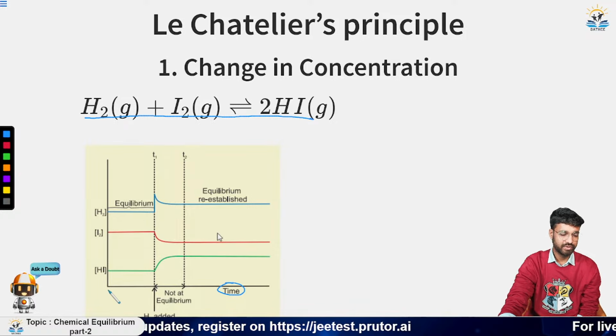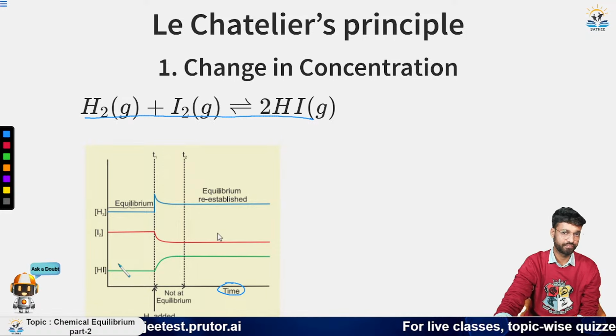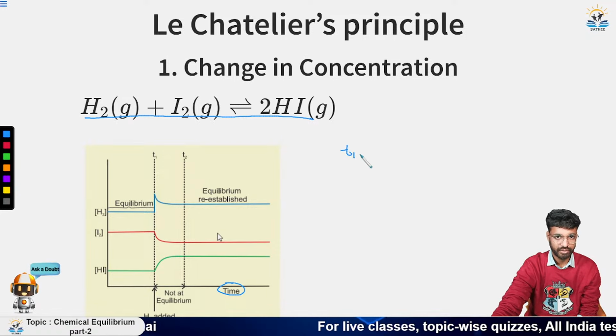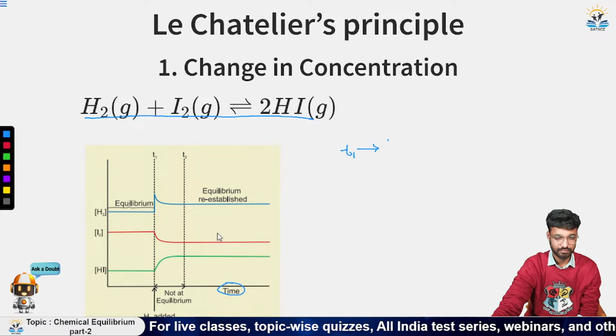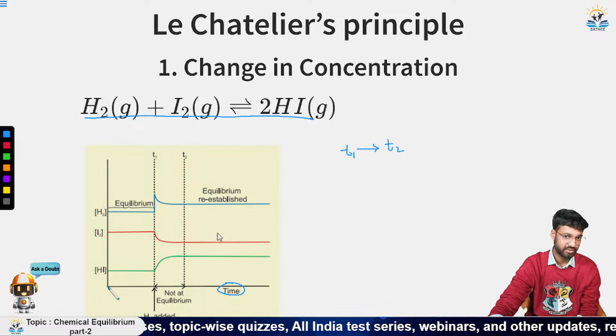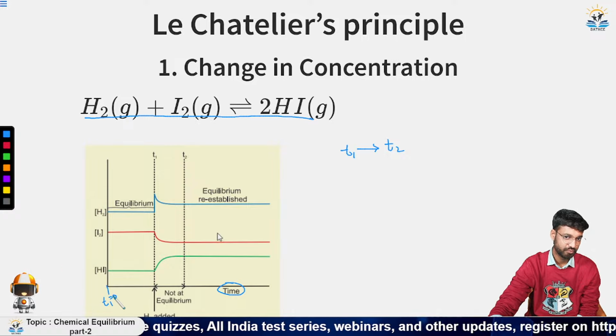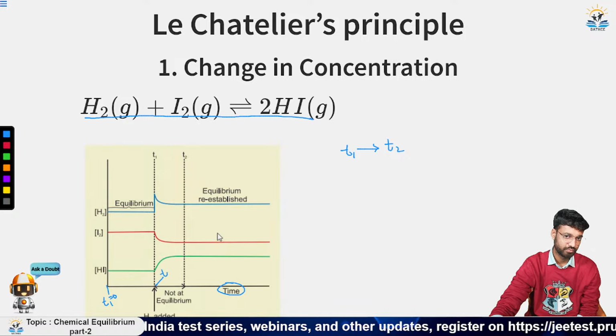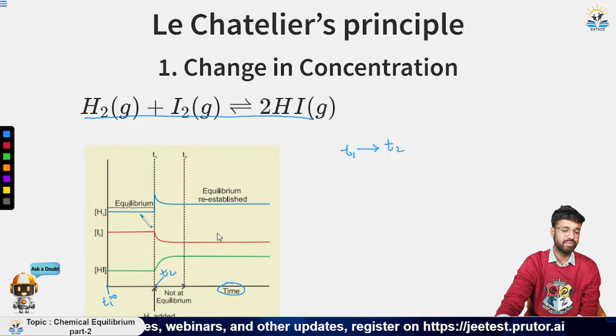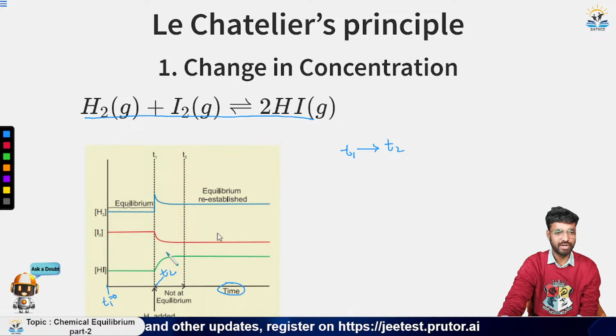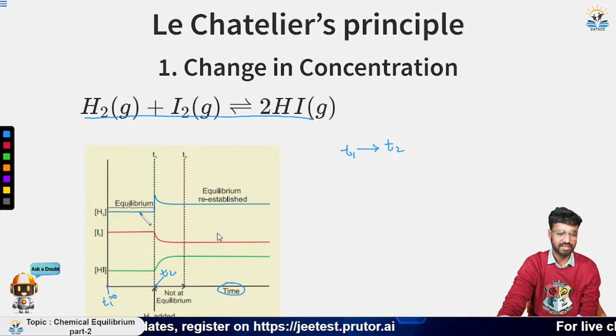Now let us suppose we go from time T1 to T2 in the first case. Suppose this is T1, which is equal to 0, and this is T2. In this phase, we do not disturb the equilibrium at all, and we see a quite stable line, that is a constant line.